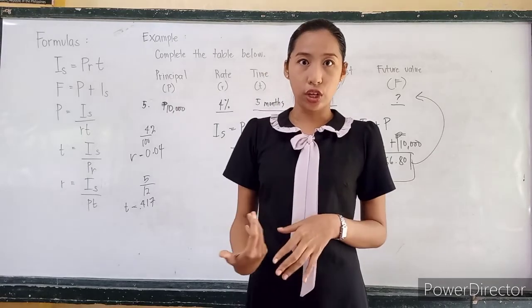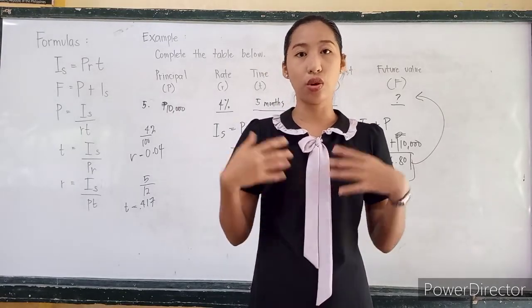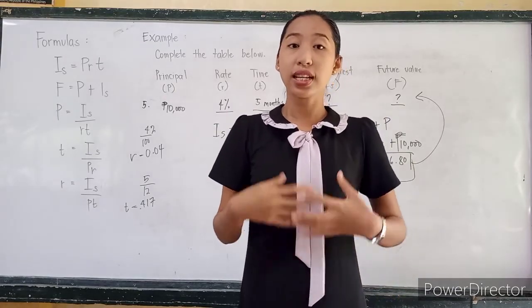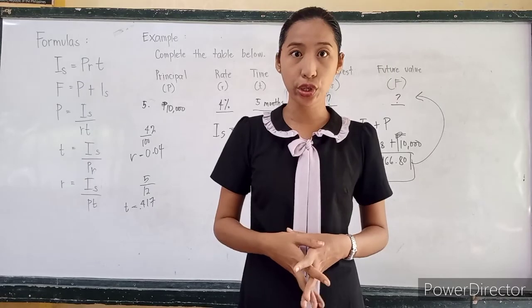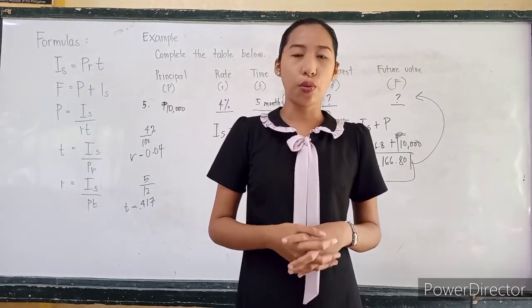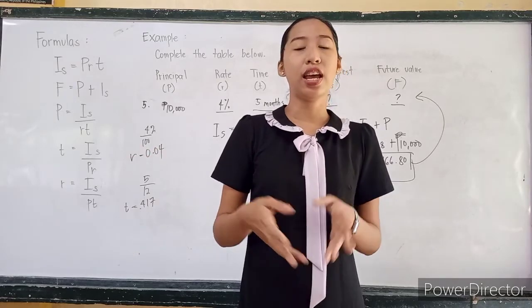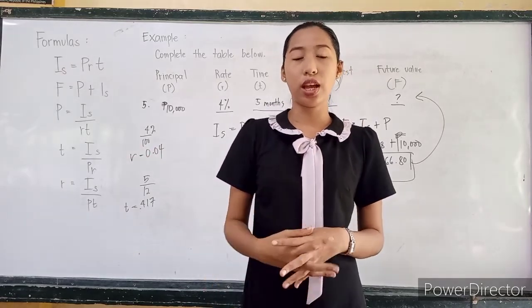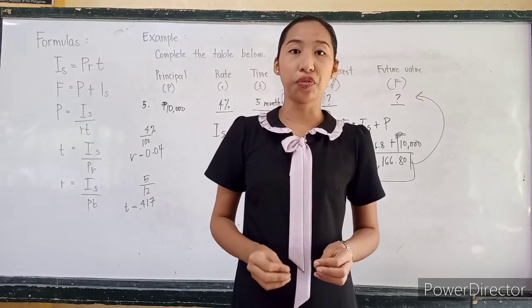However, in our next video we're going to discuss how to solve word problems. We all know that word problems need more analysis because you need to understand the problem first before you proceed in choosing the formula and proceeding with the next parts of the solution. So that is going to be the content of our next video.